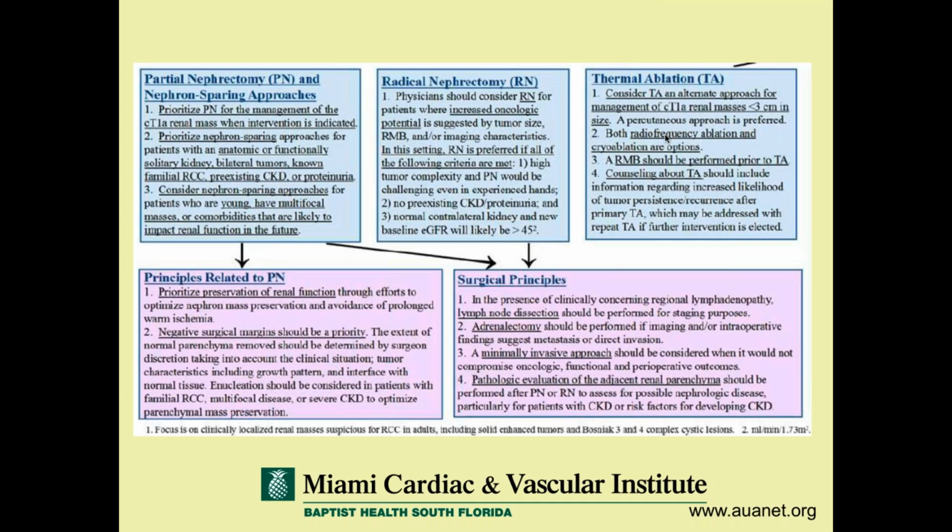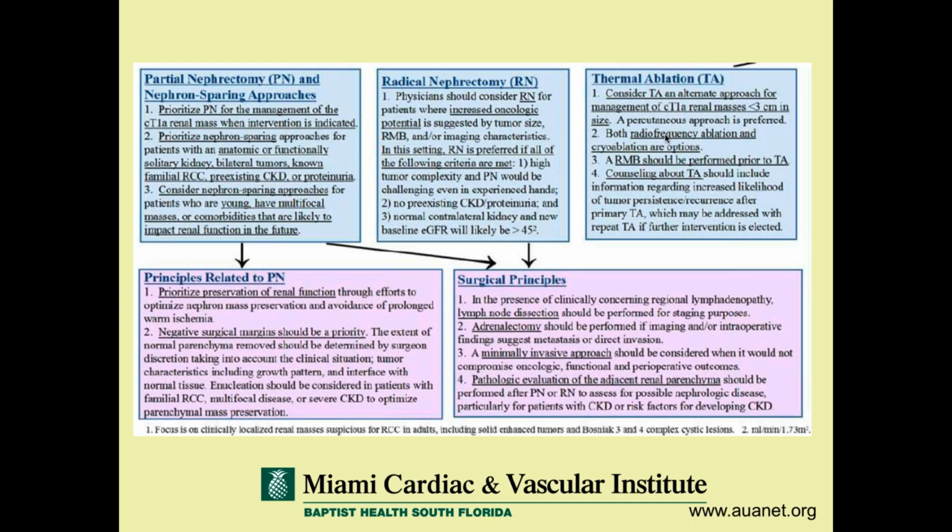Partial nephrectomy or nephron sparing approaches should be prioritized in these patients, particularly in patients with less than ideal renal function. Radical nephrectomy is important in situations where there's increased oncologic potential. And then thermal ablation is considered an alternative, particularly for lesions less than 3 centimeters.